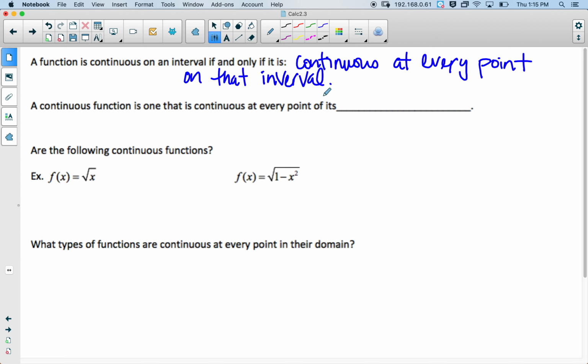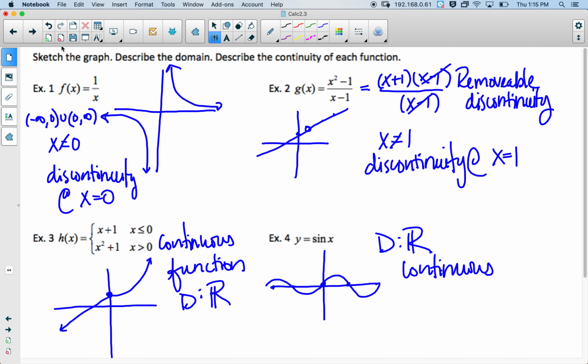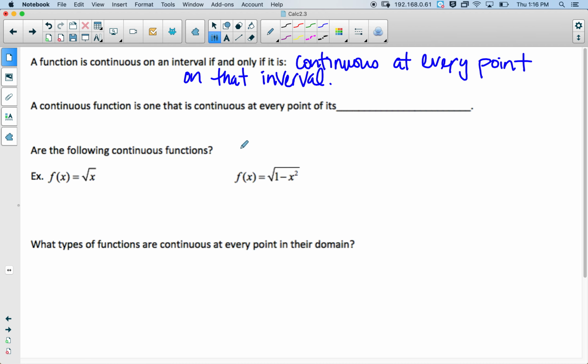So going back to our example back here, if our interval was from -1 to 1, this function is not continuous on that interval because we have a discontinuity at 0. Same thing here. If our interval was from 0 to 10, that would not be continuous on that interval because we have a discontinuity at 1. Okay? So for a function to be continuous on an interval, it has to be continuous everywhere on that interval.